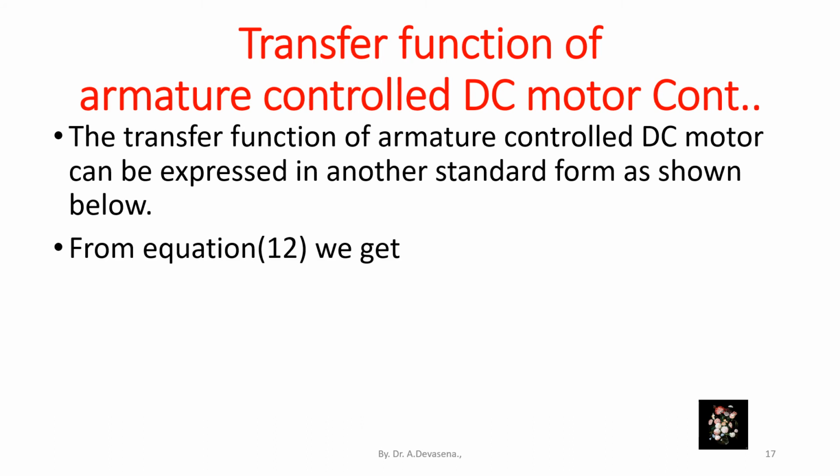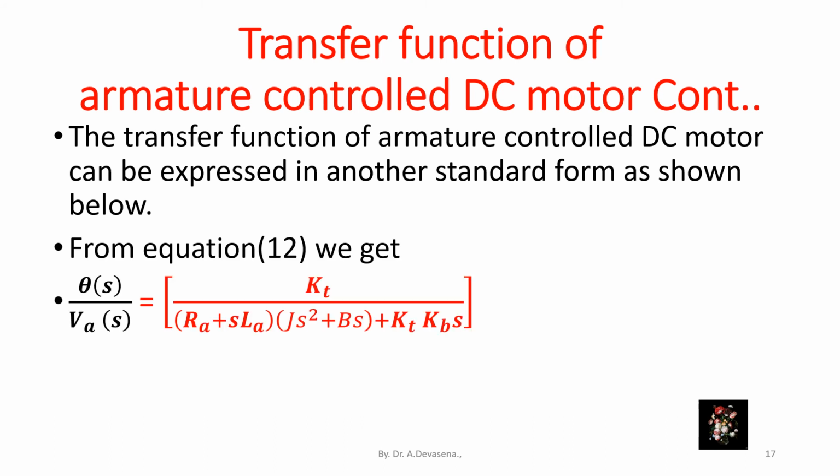From equation 12, we get θ(s) divided by V_A(s) is equal to K_T, the whole divided by R_A (R_A plus s L_A) into (J s² plus B s) plus K_T K_B s.